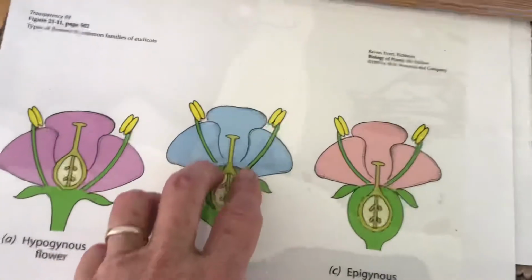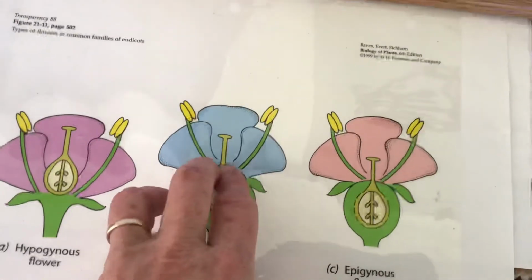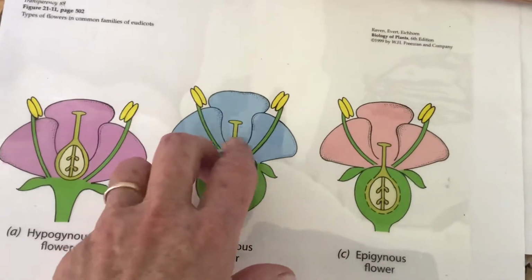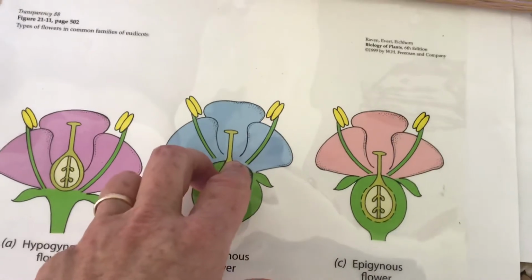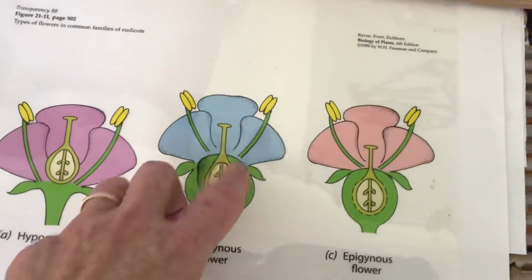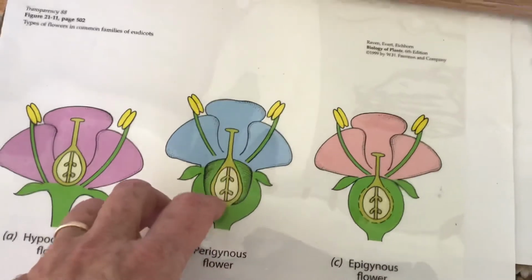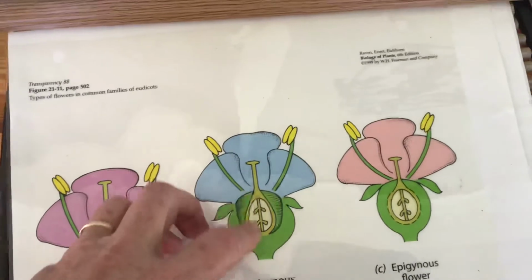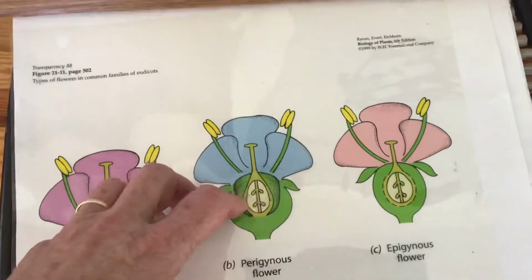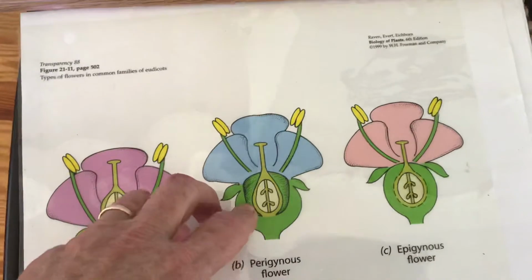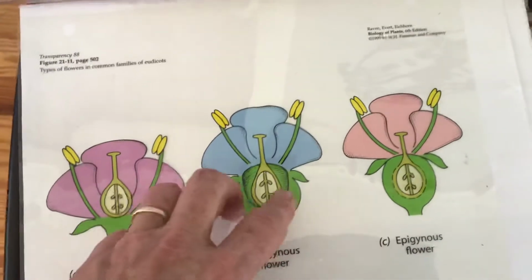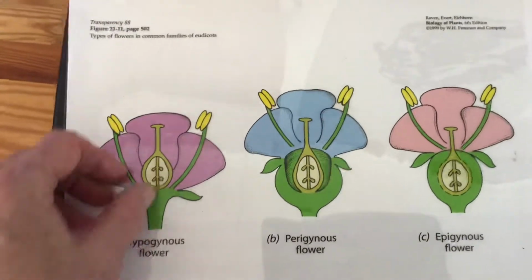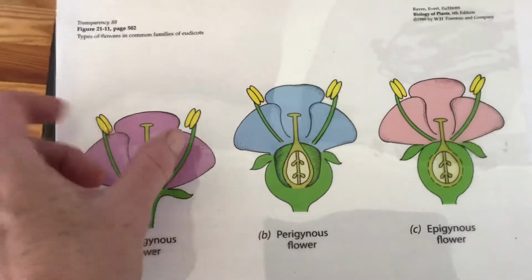So from the top, you would be seeing the petals below the sepals, but then all you see is a little bit of the stigma and style sticking out because the ovary is down inside the other flower parts. But if you did a cross section, you would see a clear space of the ovary or the carpel sitting on top of the receptacle and on top of the sepals, petals, and stamens. It's just that these things have all fused around and it doesn't look like that.